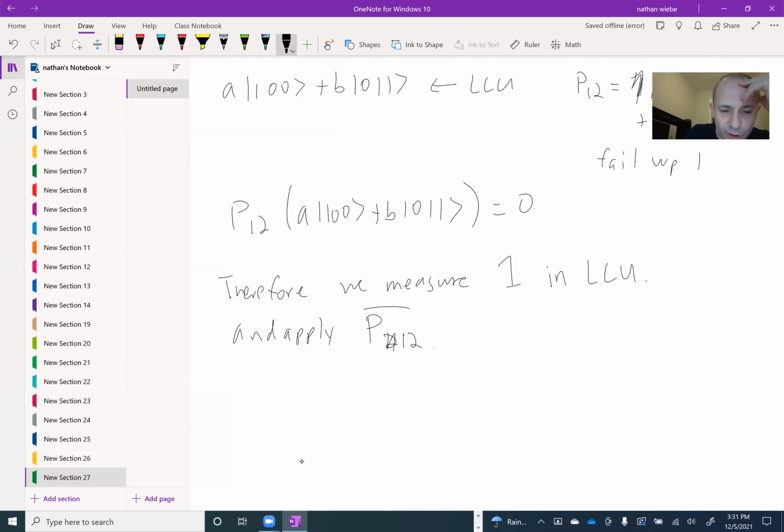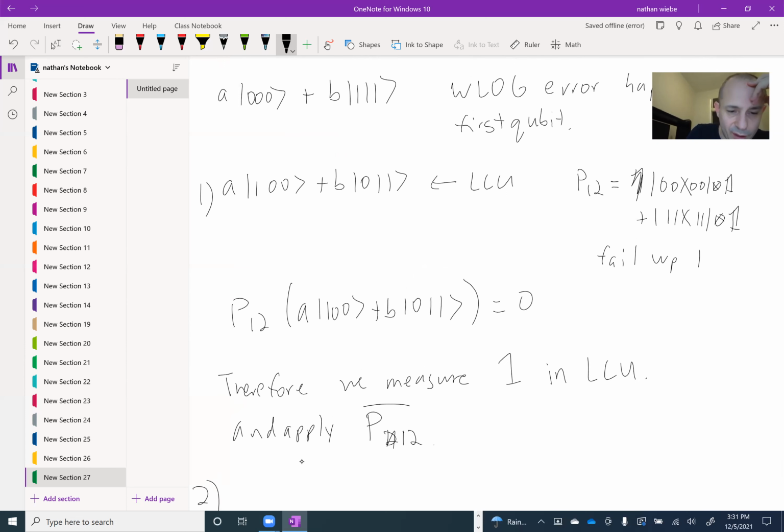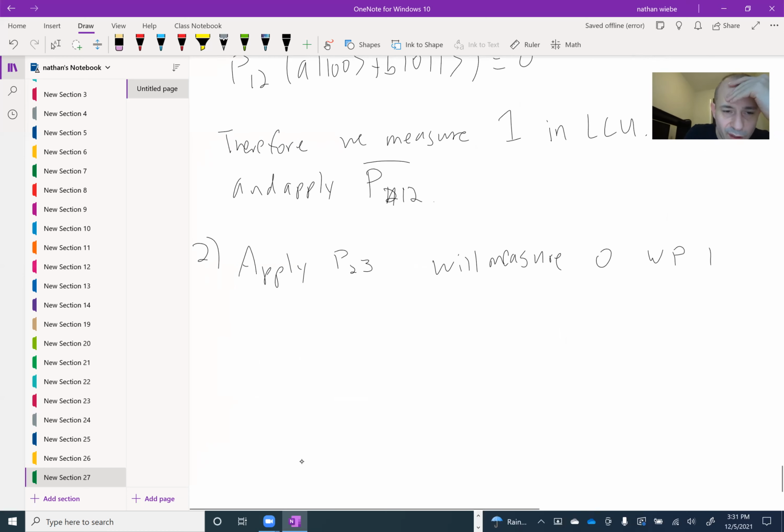The next step, step 2, is we attempt to apply P23. Now this will measure 0 with probability 1.